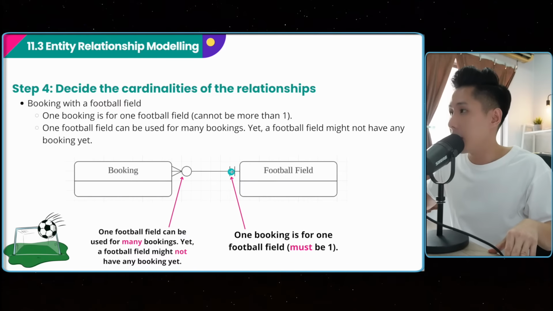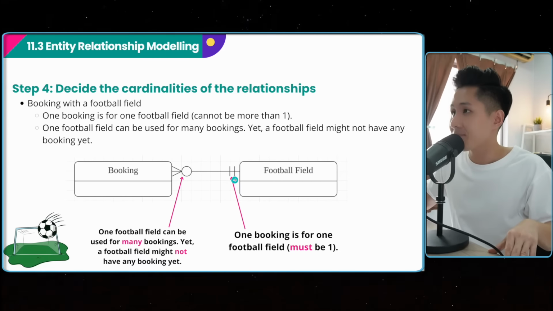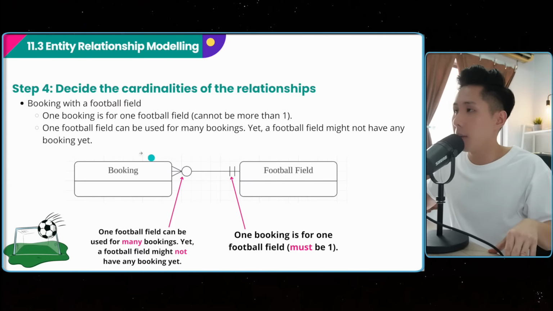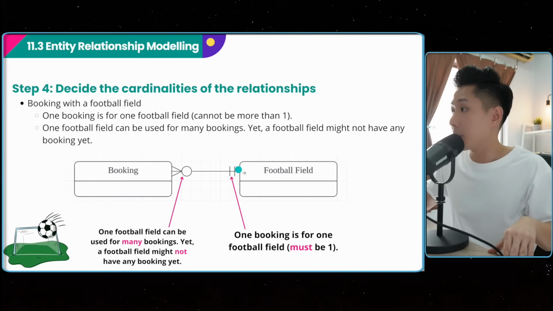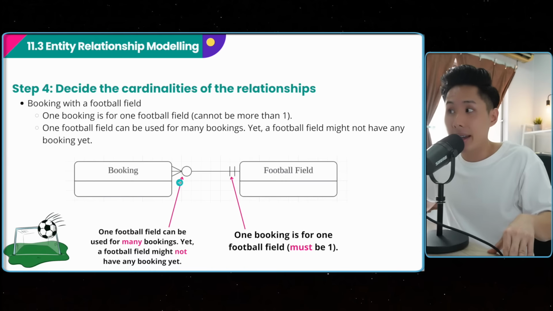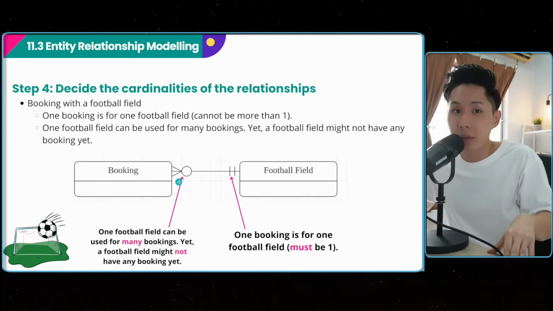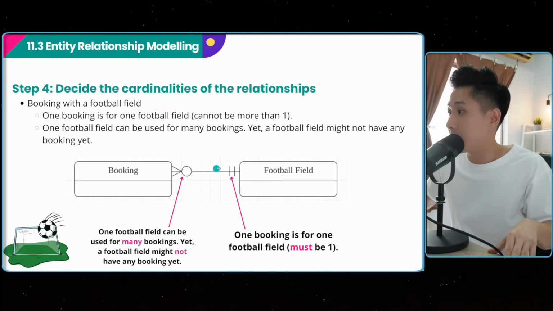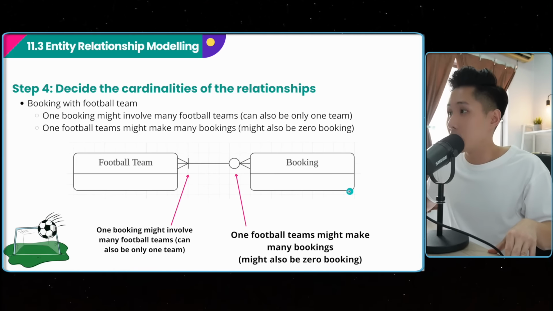That means that's the minimum, and the maximum is also 1. So I have 2 dash symbols here. And the reverse relationship, a football field can be used for many bookings. So the maximum is many bookings. And yet it could be empty, like no one has booked the court. So this is why instead of putting a 1, I put a 0 here. So hopefully these 2 examples show you how it works.